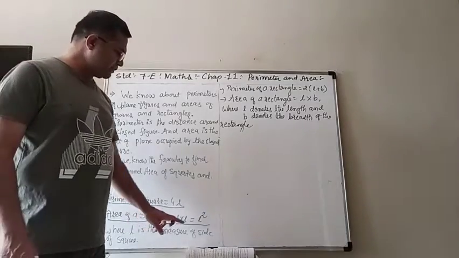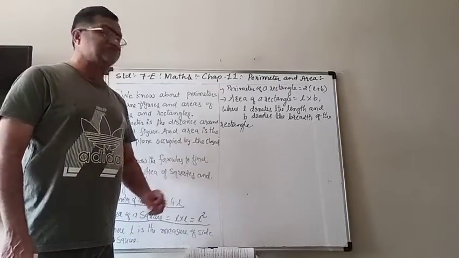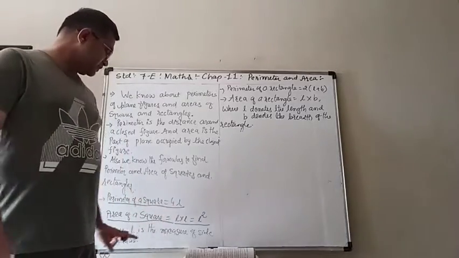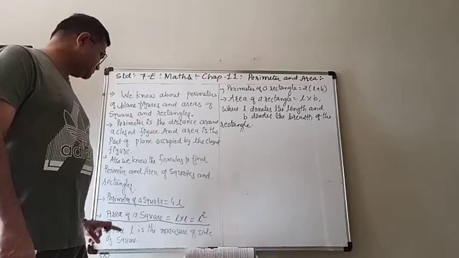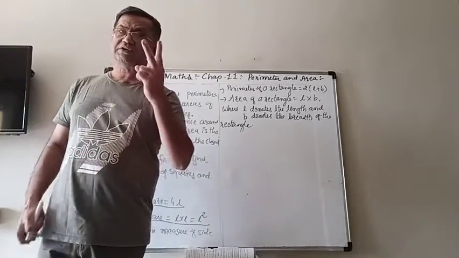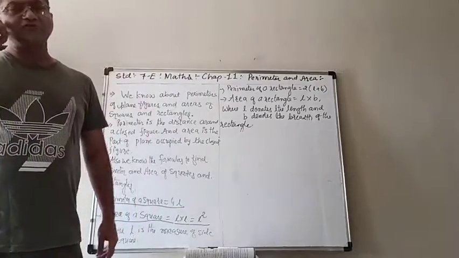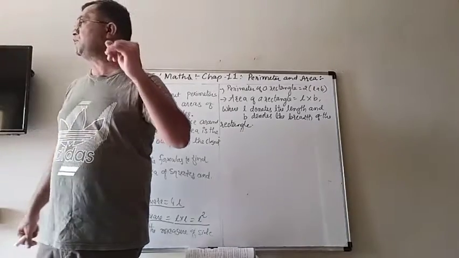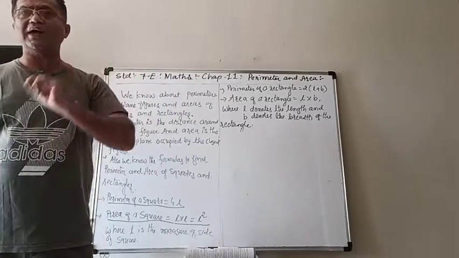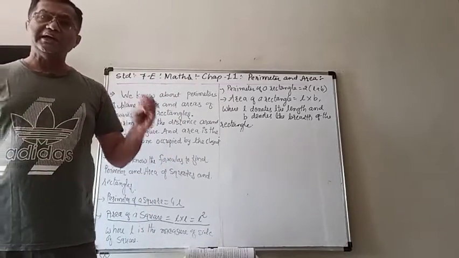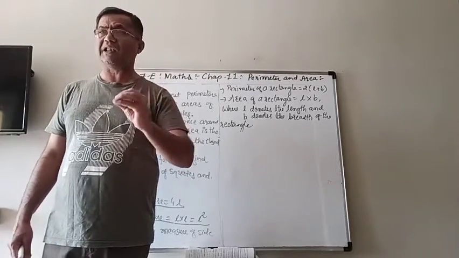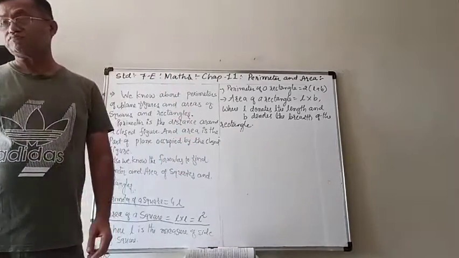You can use L multiplied by L or L squared, where L denotes the measure of the side of the square. So for the square you get 2 formulas, one for perimeter, one for area. Perimeter of a square is 4L and area of a square is L multiplied by L or L squared.